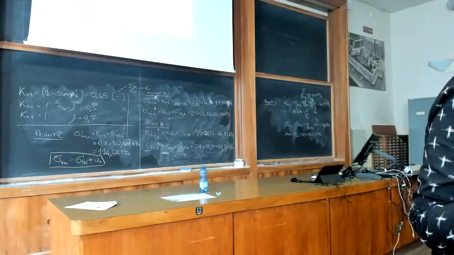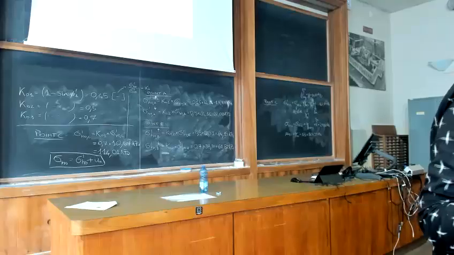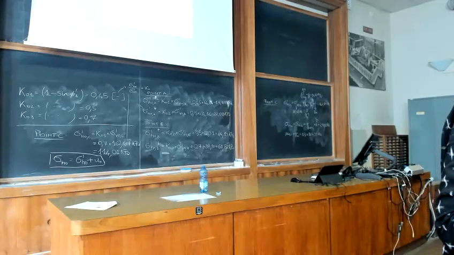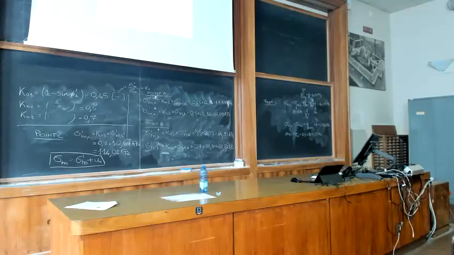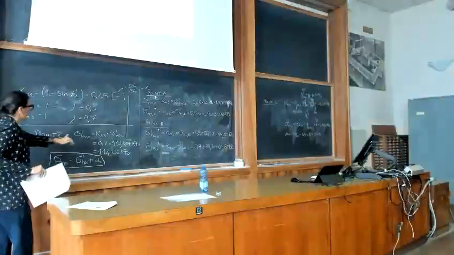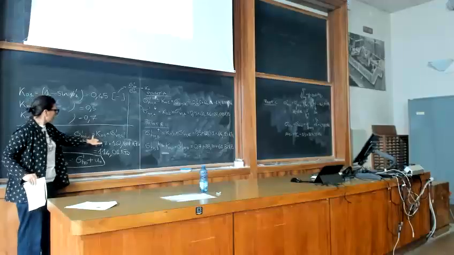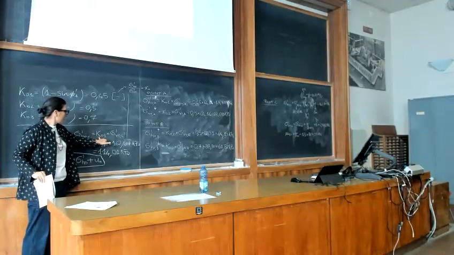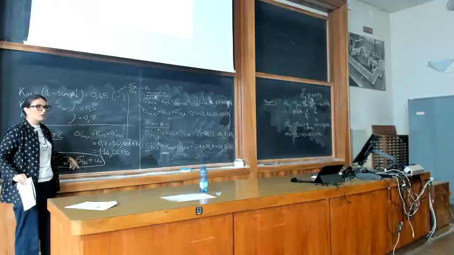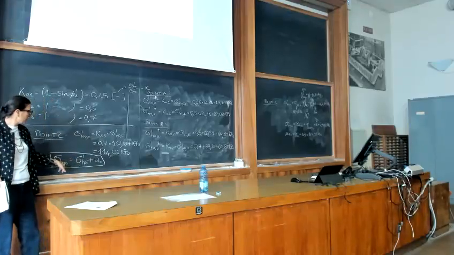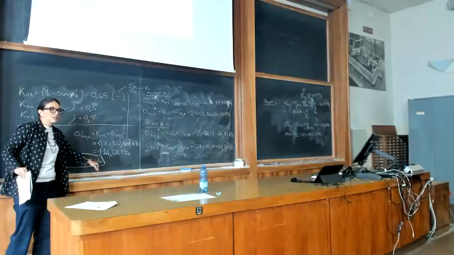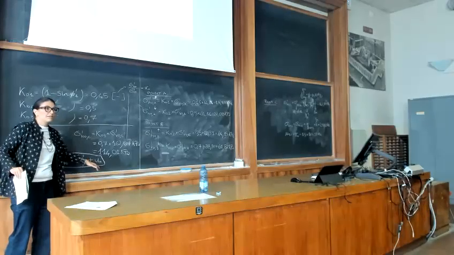Remember that. So if we consider a K naught for water, this is 1. So you cannot use K naught of the soil for the total stress component, because you would be adding a K naught which is not 1 here.